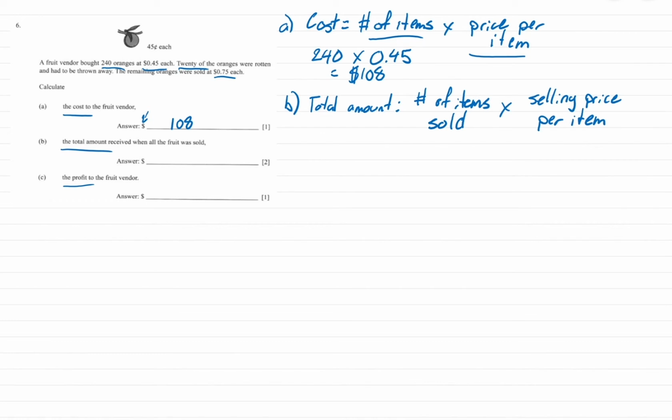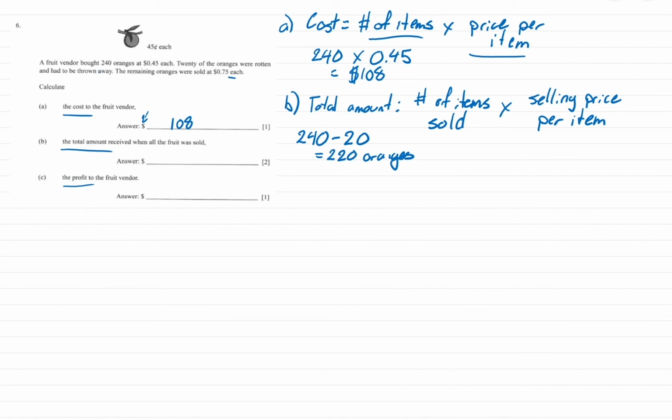So remember, the vendor purchased 240 oranges at 45 cents each. But 20 of those oranges were rotten and had to be thrown away. So that means we only have 220 oranges left, because 240 oranges is what we started off with, but now 20 of those oranges went bad. Of course, 240 minus 20 is going to give us 220 oranges.